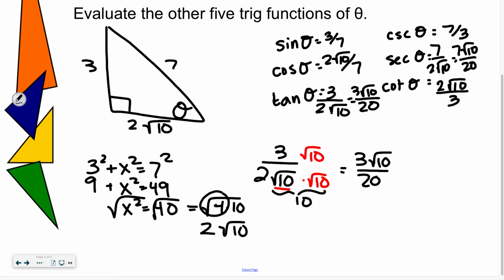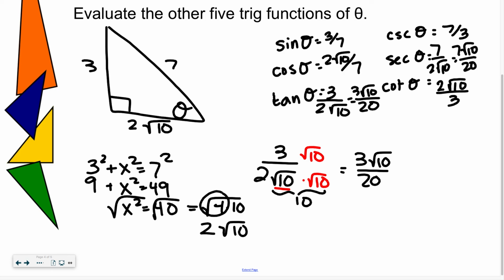If you flipped your rationalized answer for tangent, okay, so if the tangent of theta was 3 square root 10 over 20, and then you do cotangent with that one, you do 20 over 3 square root 10, you multiply by a square root of 10, you get 20 square root of 10 over 30, which is 2 square root 10 over 3.